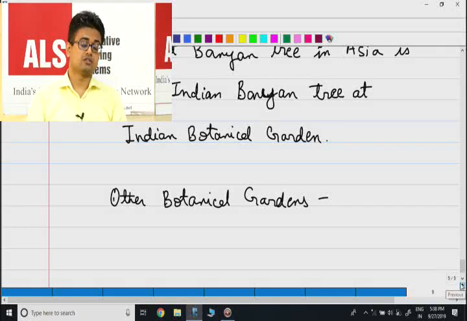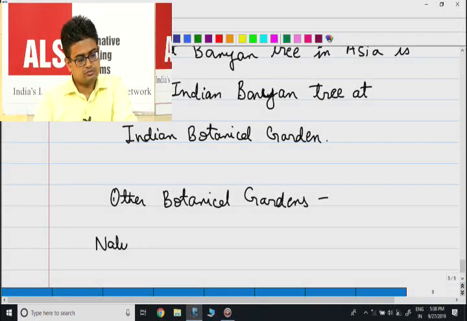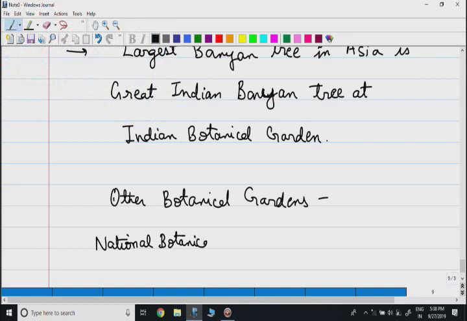It is National Botanical Research Institute, NBRI, Lucknow.